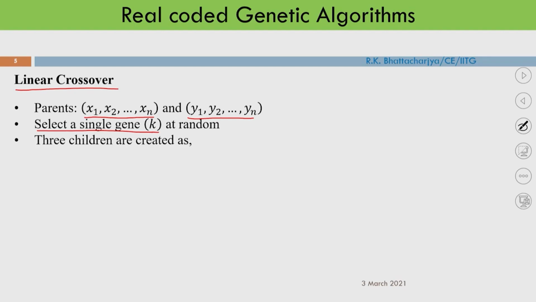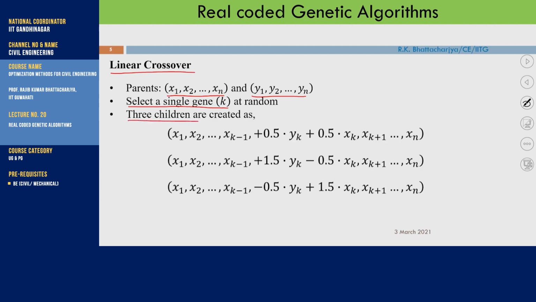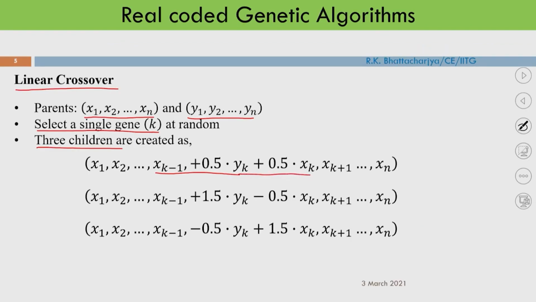And then what we have done here: in this case we are creating 3 children using these 2 solutions. Because this random number is generated as k, in the kth gene we are creating 3 solutions like this.